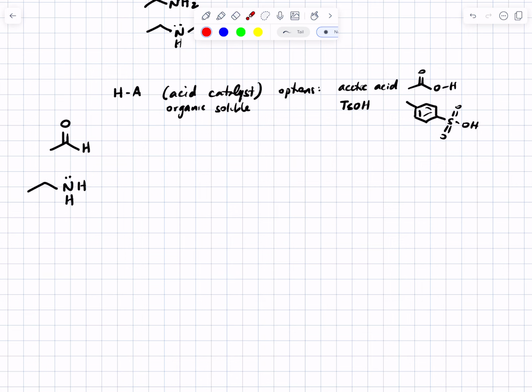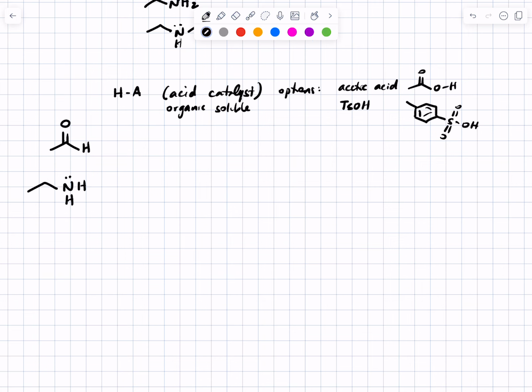Carboxylic acids aren't really electrophilic at the carbonyl carbon. They're acidic at the acidic proton. We'll do chemistry with carboxylic acids in chapter 16, but for now, if you see the aldehyde and the amine, and there's also a carboxylic acid present, that carboxylic acid is just the catalyst.